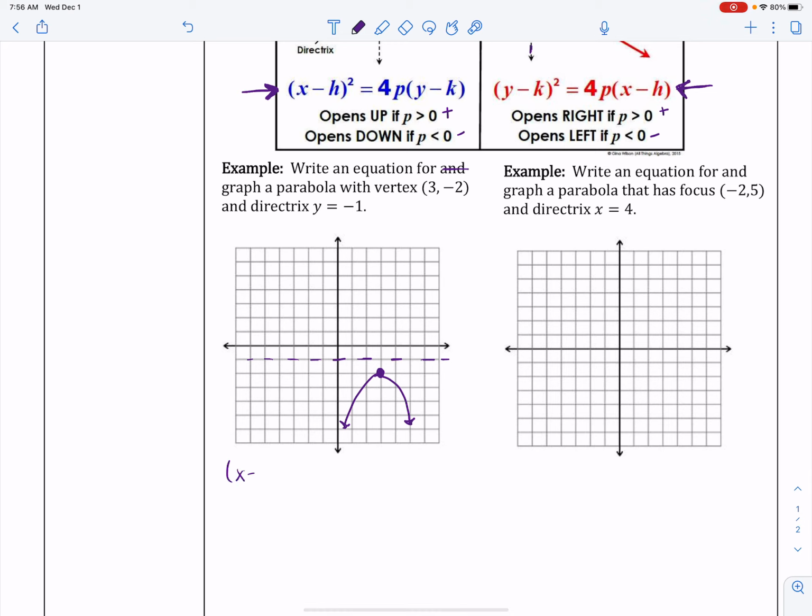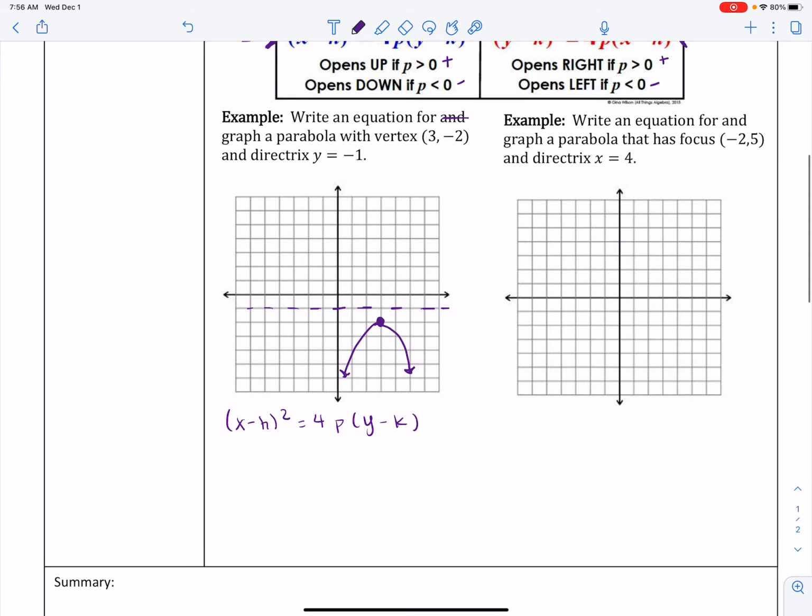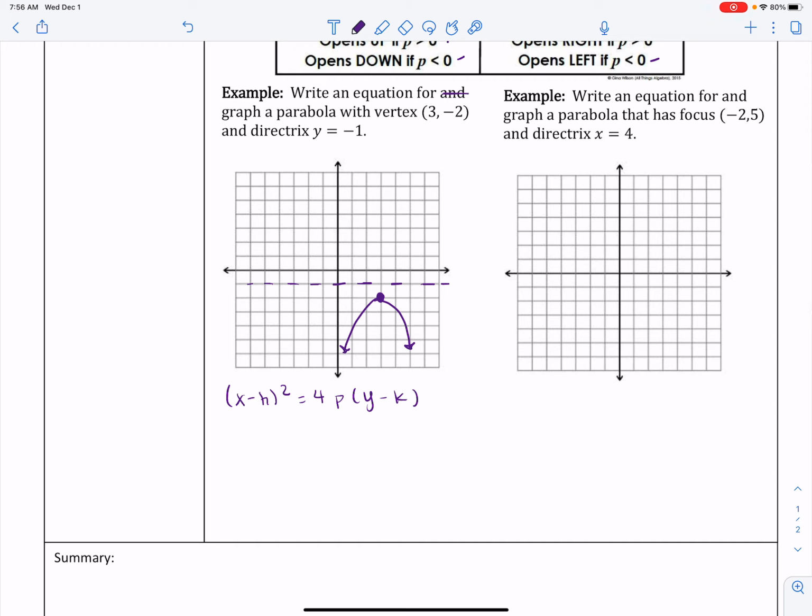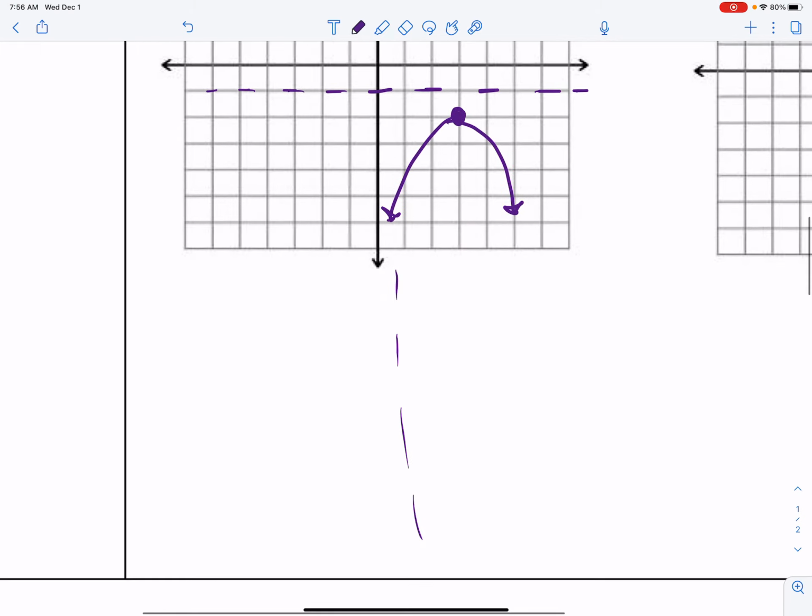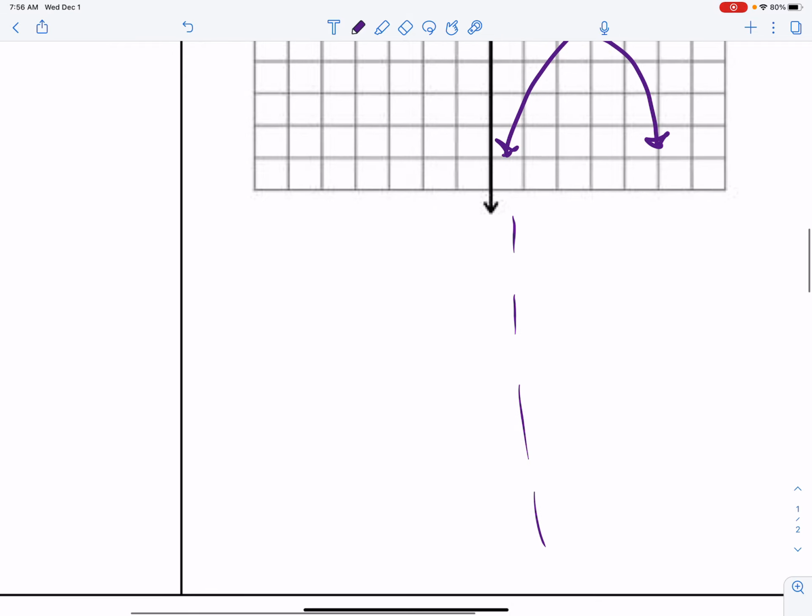So (x minus h) squared equals 4p times (y minus k). Okay, (h, k) is the vertex. So the vertex form.